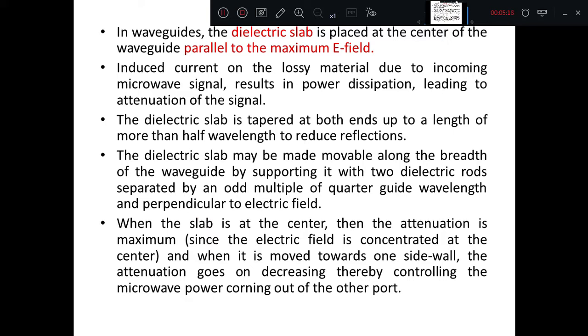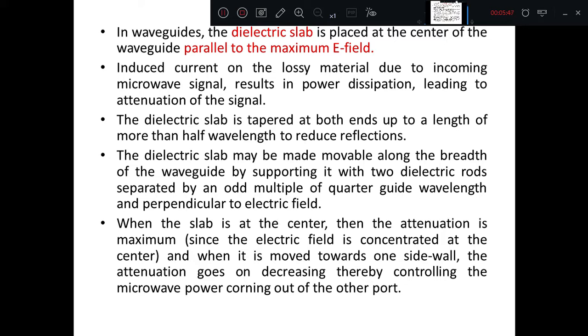Whenever the slab is at the center, there is maximum attenuation because the electric field is concentrated at the center. When it is moved towards one side wall, the attenuation goes on decreasing because there is a gap between the center part of the electric field and the slab which is moving.